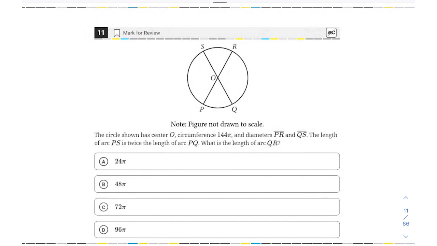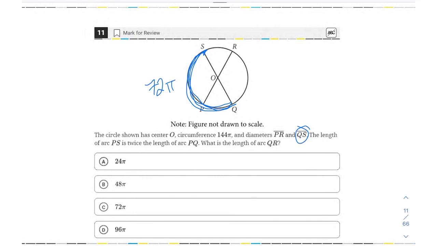Okay, so if the entire circumference is 144 pi, then looking from S to Q, because they tell us that QS is one of the diameters, that arc would be half the circumference. A diameter cuts a circle in half, so that entire arc would be 72 pi.